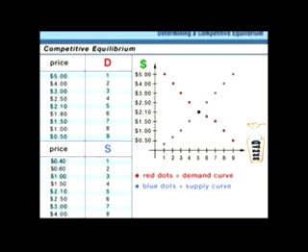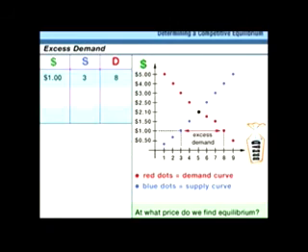Suppose, first of all, that we consider a price of $1 a loaf for bread. What would happen in that case? Well, with a price of $1 per loaf for bread, there are 3 loaves that bakers are willing and able to supply each week. The quantity supplied is 3 at a price of $1. At a price of $1, the quantity demanded, however, is 8 loaves per week.